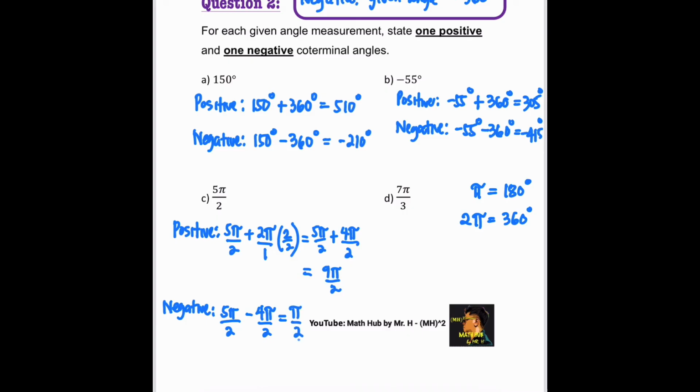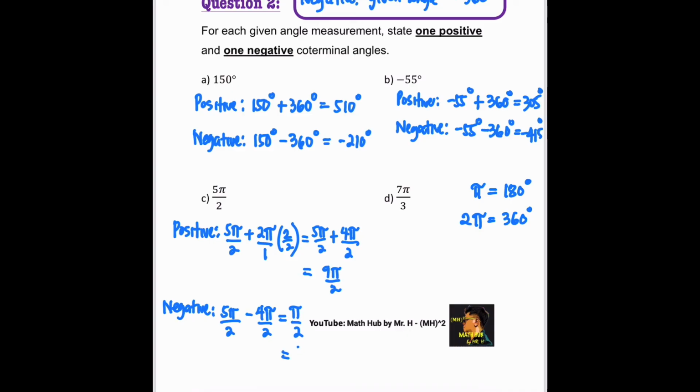But the instruction told us to find one negative coterminal angle, and pi over 2 is not negative. So if that happens, the first time you subtract 360 degrees or 2 pi and it's still positive, then you need to subtract another 2 pi.